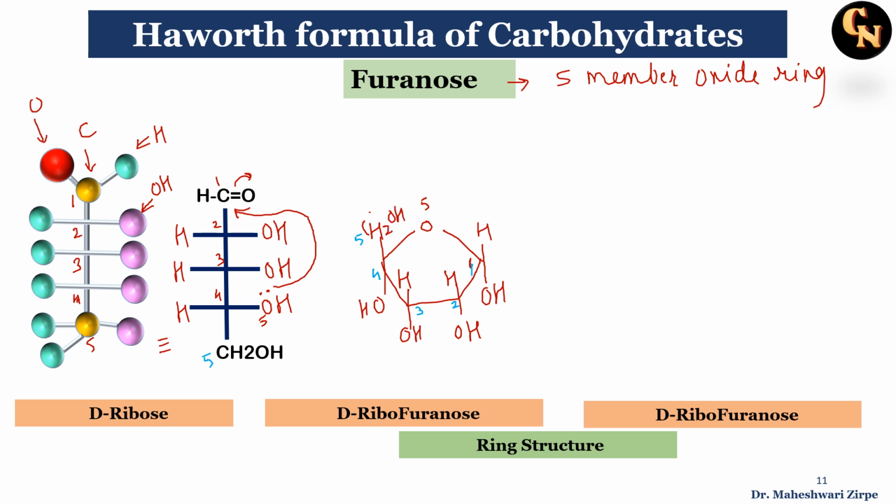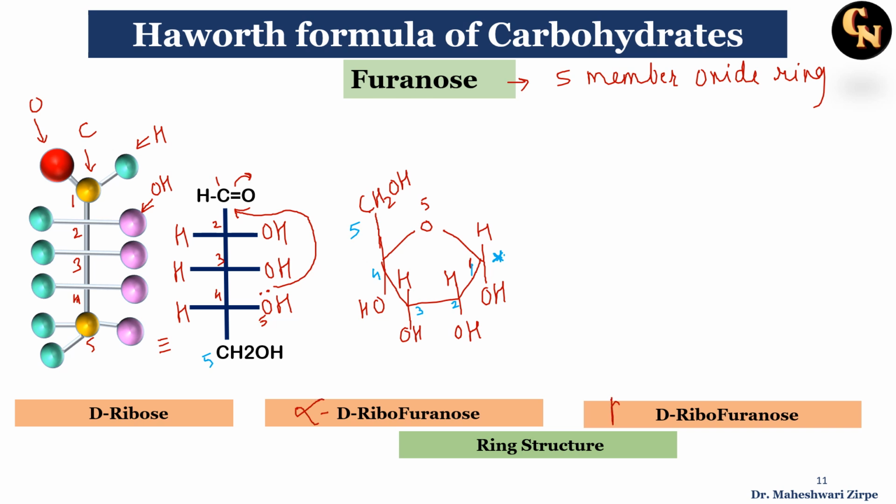I'll rewrite it properly, a little longer. It is CH2OH, and this is your fifth carbon. Here, if you see the anomeric carbon, the OH is below the plane, that is bottom. So my structure here is alpha form.